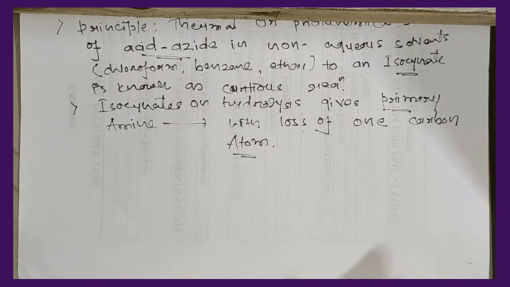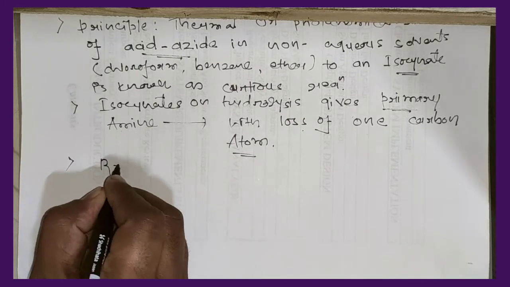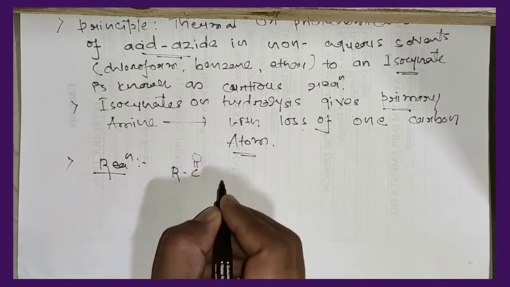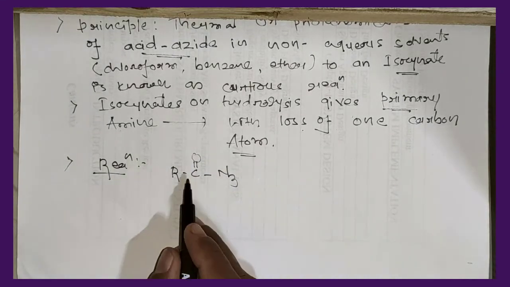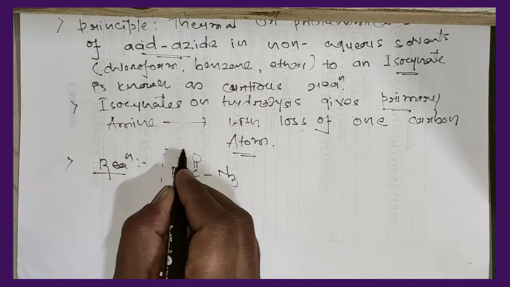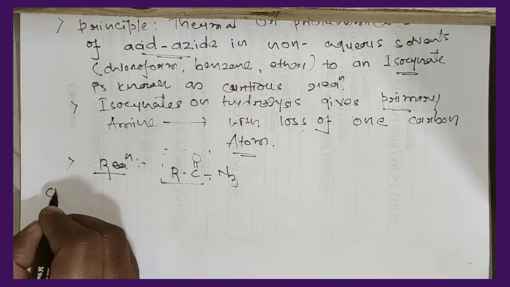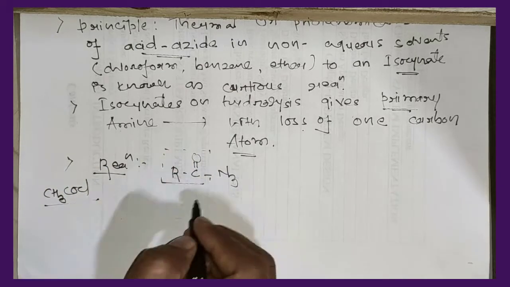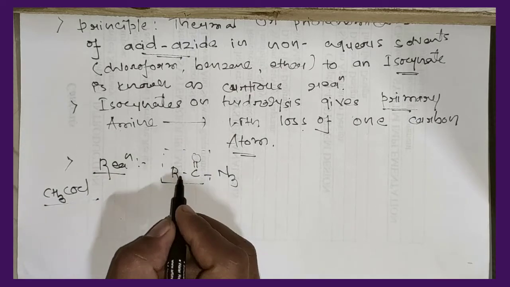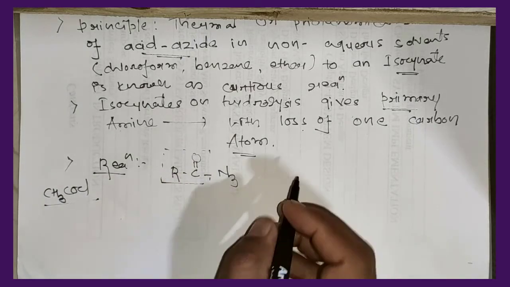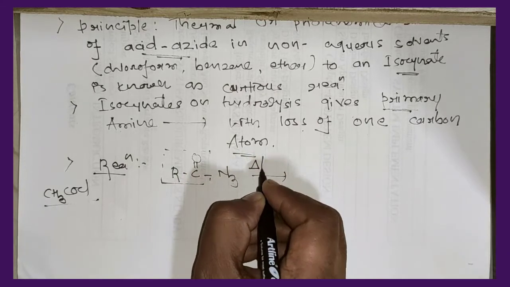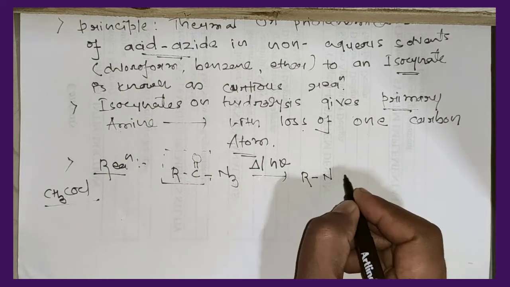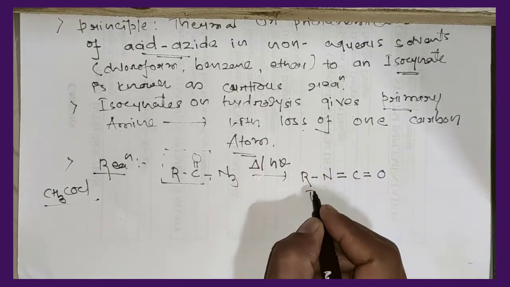Okay, if we discuss the reaction part, in the reaction acyl azide, RCO, azide means N3. This part is the acyl part, RCO. For example, CH3COCl is known as acetyl chloride, so this is acetyl; the general name is acyl. Acyl azide on thermal or photochemical reaction is first converted to R, N double bond C double bond O, which is known as isocyanate.